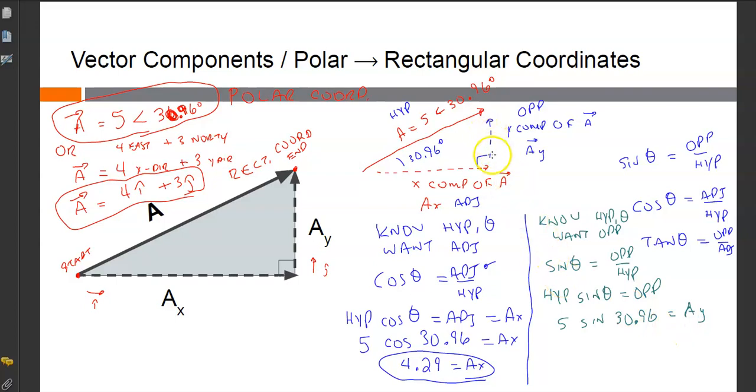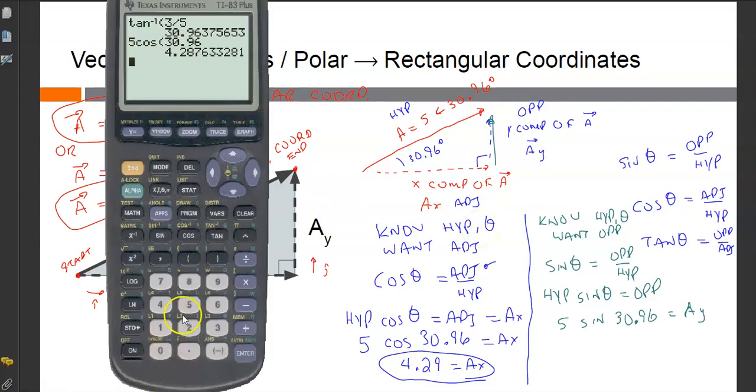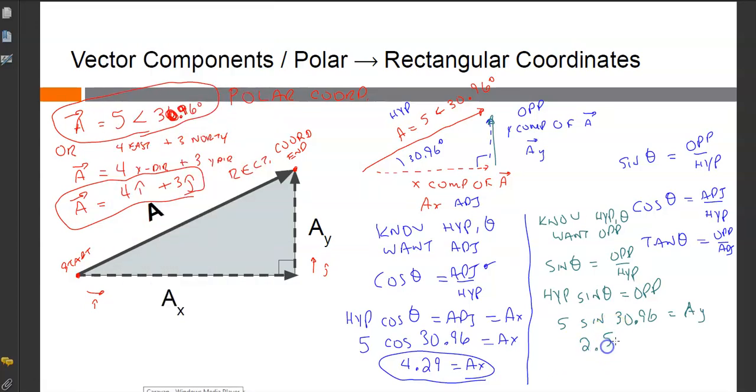That's that vertical component, that piece right there that points upward. Tells me how far that vector reaches up. And my calculator says that 5 sine 30.96 is 2.57, somewhere in that ballpark. All right, round it off somewhere.